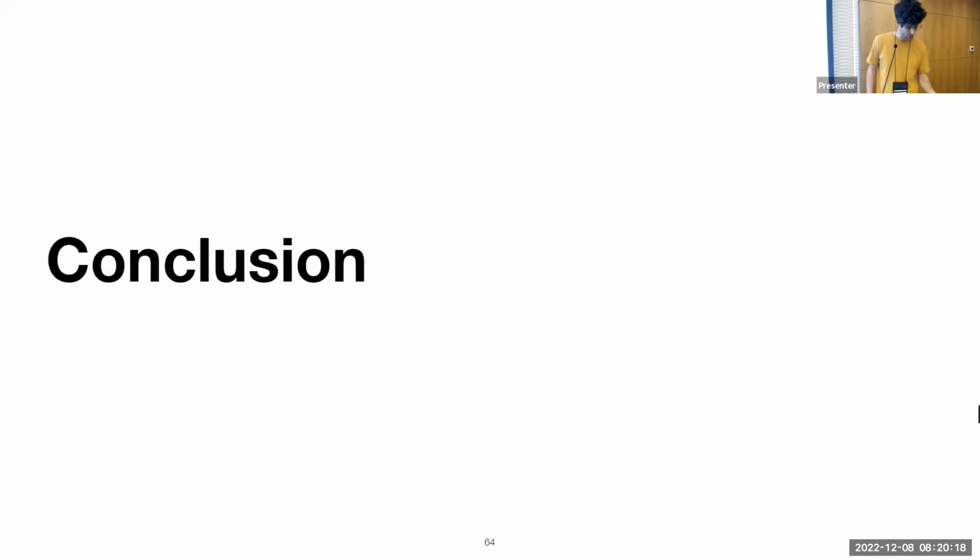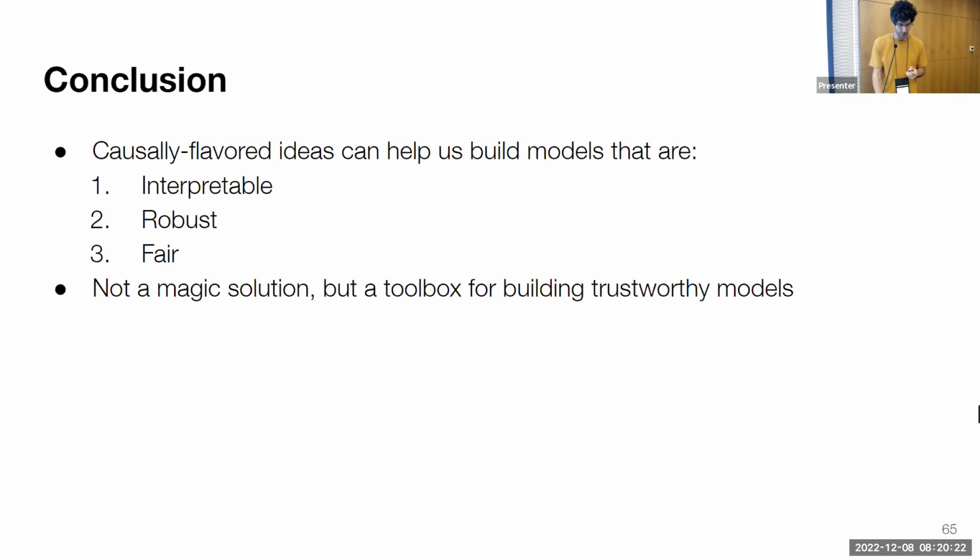All right. So to conclude this part of the tutorial, there are many different ways that we can think about very important and hard problems in NLP, where causally flavored solutions might allow us to generate better solutions.